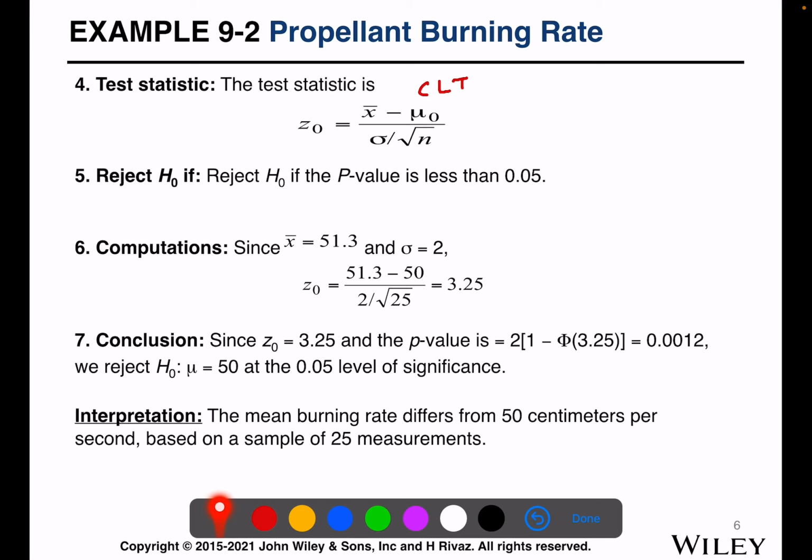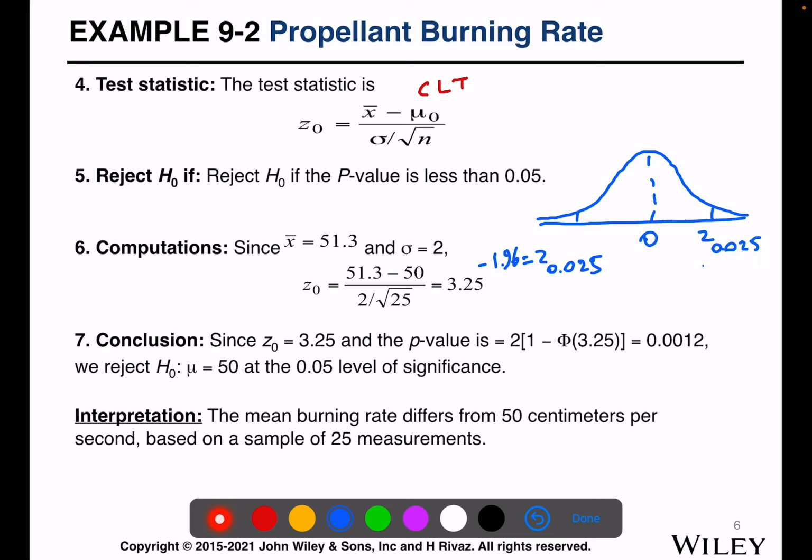So we calculate Z0, and we get 3.25, right? 3.25 is a very large number for a Z. Remember that we calculated Z of alpha divided by 2, which was Z of 0.025, and that was minus 1.96, and Z of 0.025 is 1.96, right?